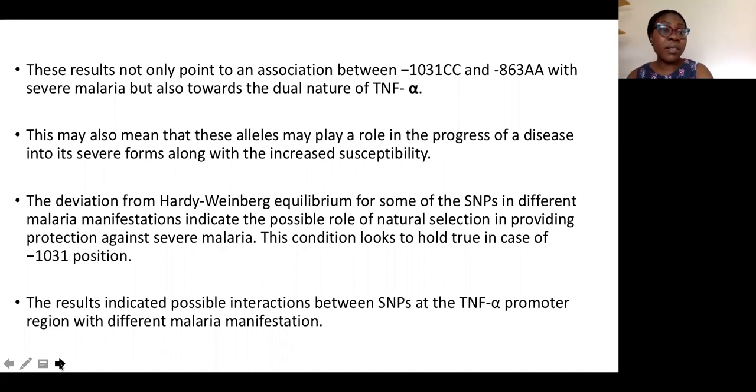This may also mean that these alleles may play a role in the progress of a disease into its severe forms, along with increasing children's susceptibility to malaria.